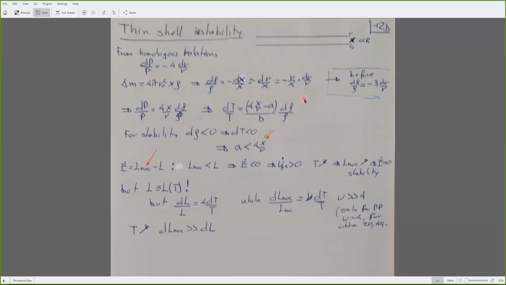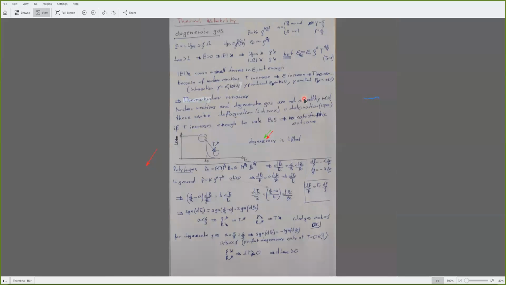And we have the thermal instability due to the degenerate gas. For example, for the helium, it goes well because the degeneracy is lifted off just in time. With the carbon, it will be a little more like a detonation.